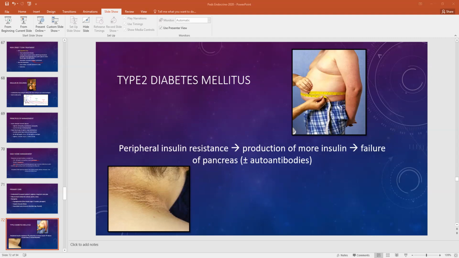Screening of high-risk children at age 10 or onset of puberty, whichever is earlier. Screen children who are either obese over the 85th percentile or have 2 other risk factors such as family history, high-risk race or ethnicity, condition associated with type 2 diabetes, or maternal gestational diabetes.